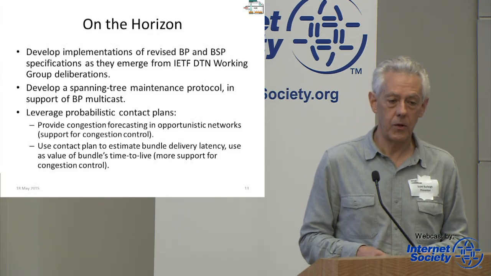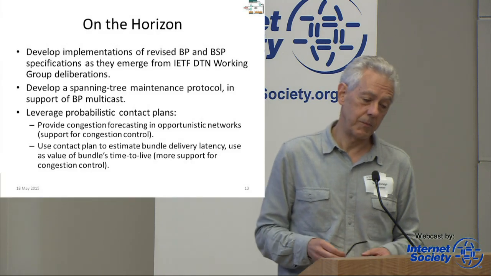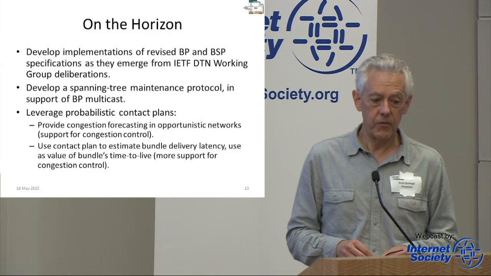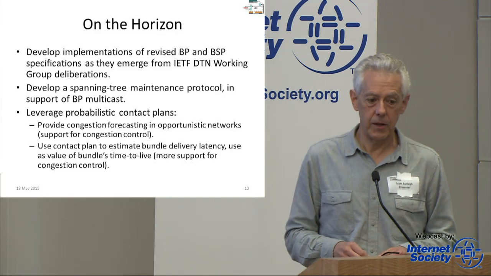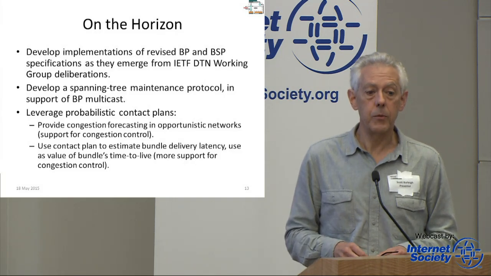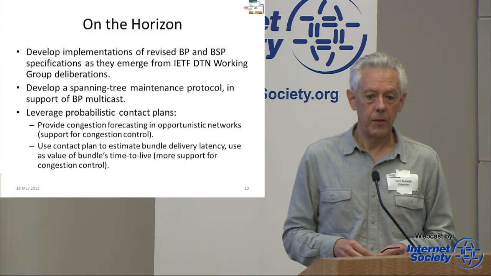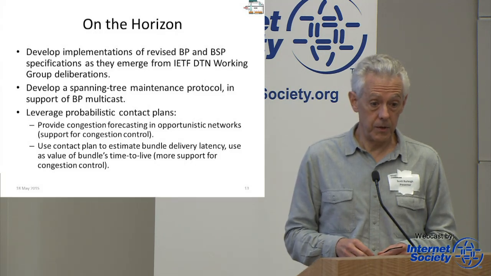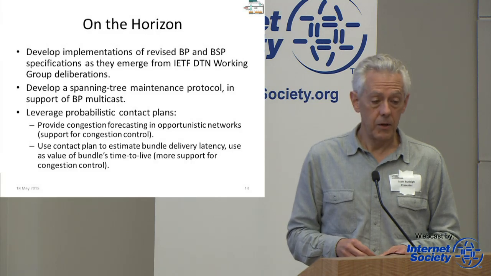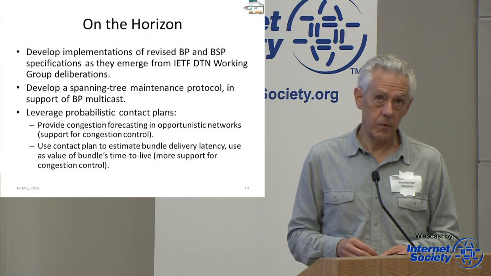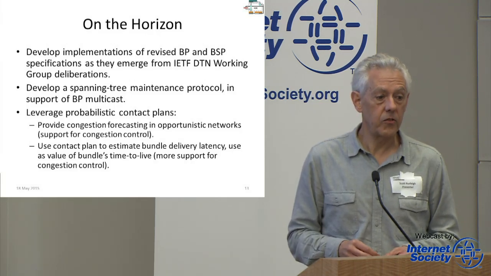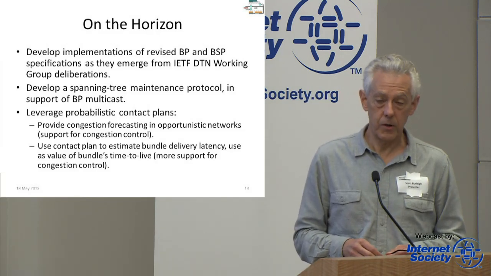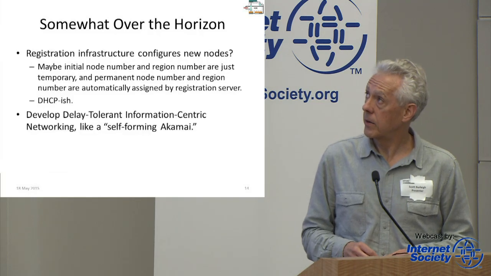In terrestrial delay-tolerant networking, I think that's again conjecture, but I think that's a function that we're going to be able to get given contact plans that cover the terrestrial networking environment. I think we can use those for relatively accurate congestion forecasting and time to live estimation to control congestion. Next slide.